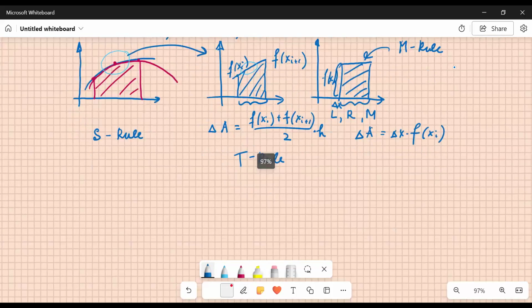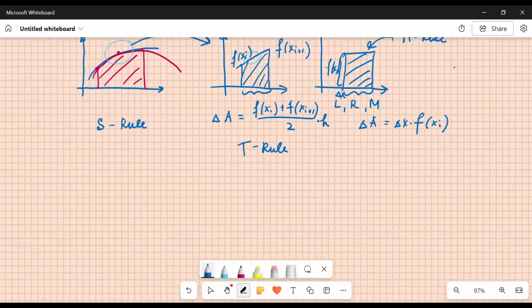So how is the T rule going to look in general? Here we do know that we just add up all the values at the middle of the intervals and multiply by the step, and it's going to produce the integral for us. What are we supposed to have for the trapezoid rule? Well, for the trapezoid rule, we are going to have the sum of areas, and I'm going to write them down.